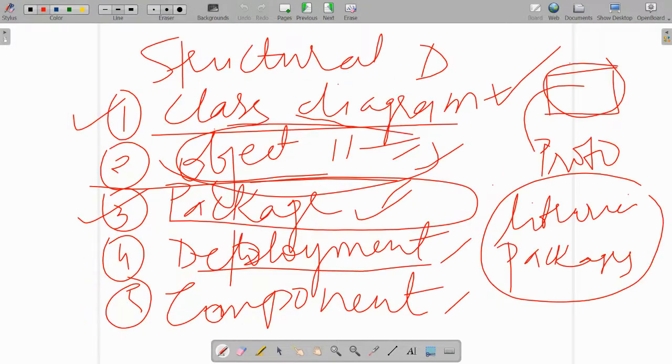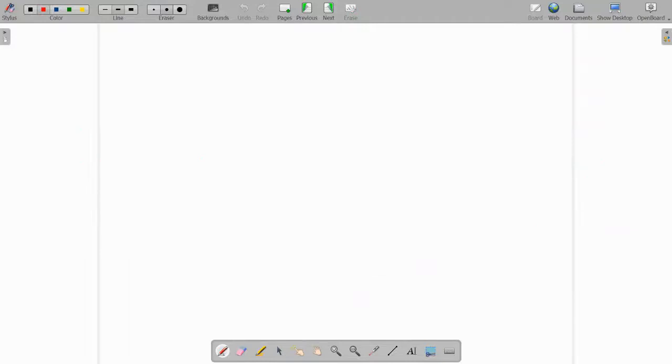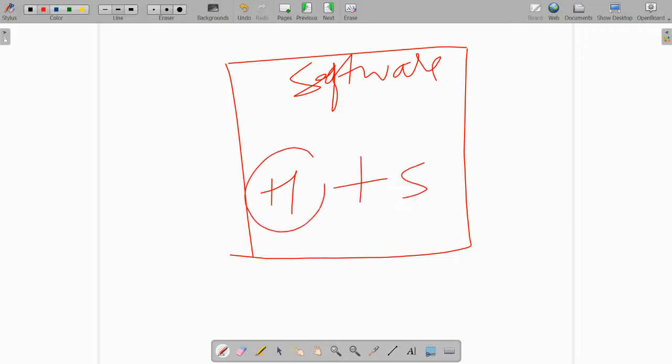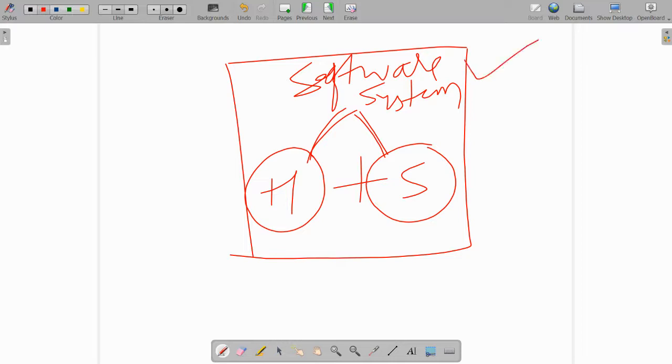When you talk about a software system, if it is a firmware where you have to implement the hardware as well as the software, how these are deployed, or how they are integrated to make the software system work in a proper way, that comes under the deployment diagram.